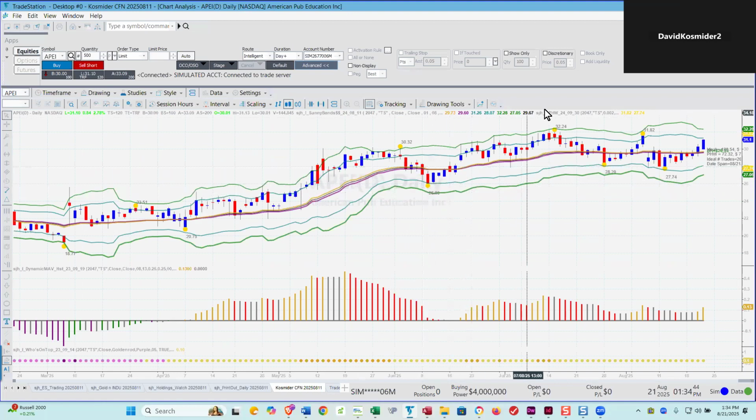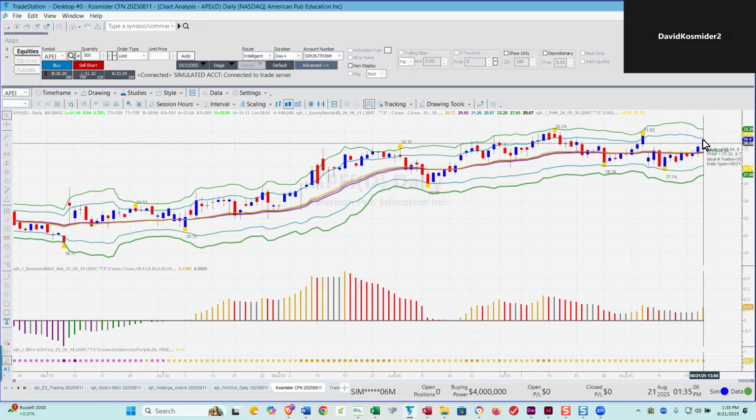So we've got up, down, and now we're going up again. I don't know what this is. This is American Public Education. Is that public? So we're going up. We'll probably go to the upper outer band at this level, which is 32.29.